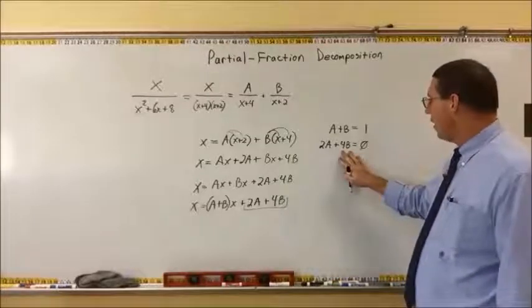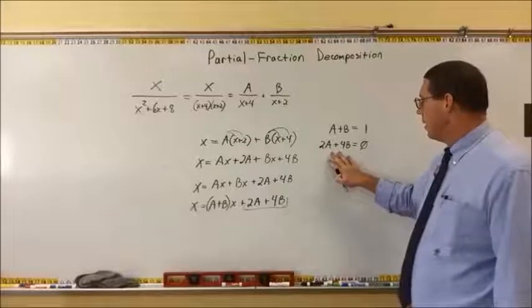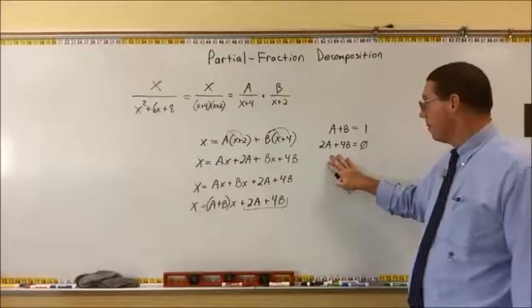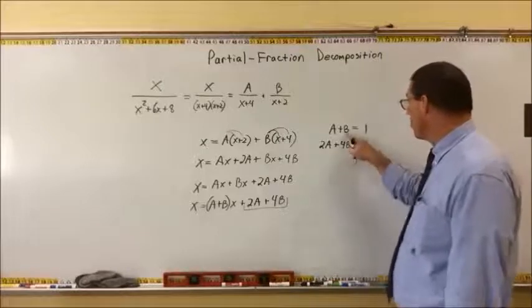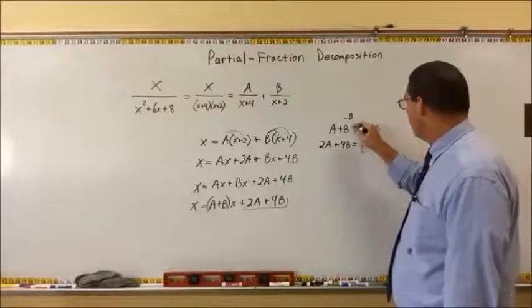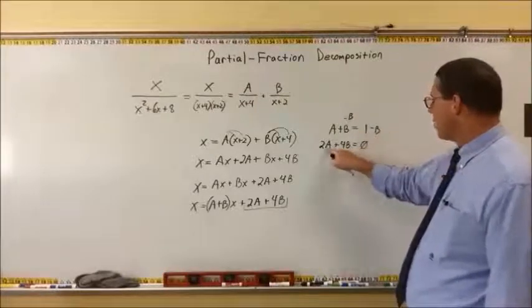And now we can find out what A and B are by solving this as a system of equations. I like elimination. A lot of other people do too. You could use substitution. You could subtract B from both sides if you wanted to, and you'd have that A is equal to 1 minus B, and then you could put 1 minus B in here.